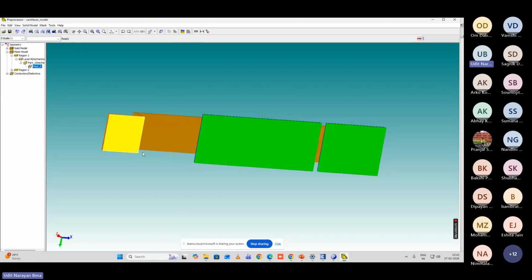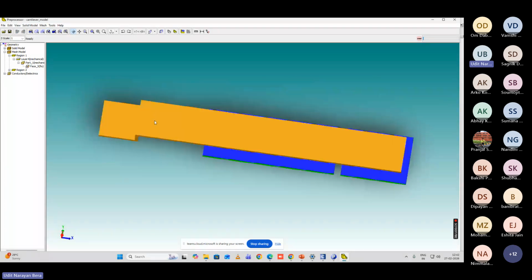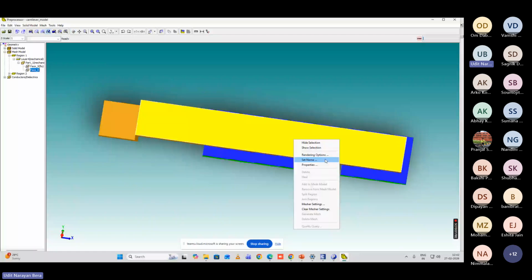Let's name it as fixed. So this side is now named as fixed. Now the next one is the top surface where we will be providing the pressure. So let's set the name as top.